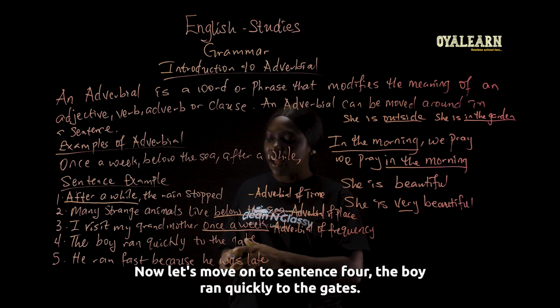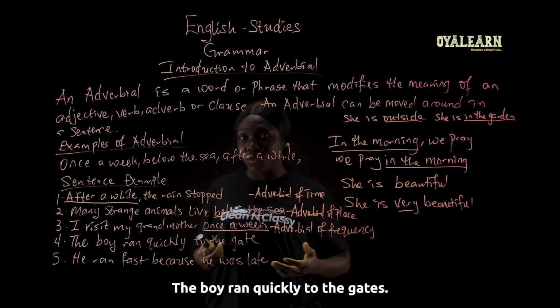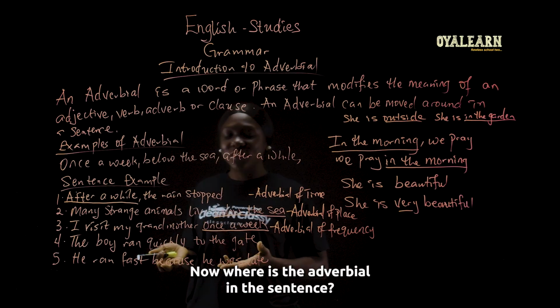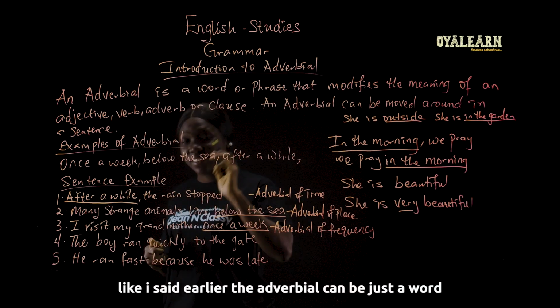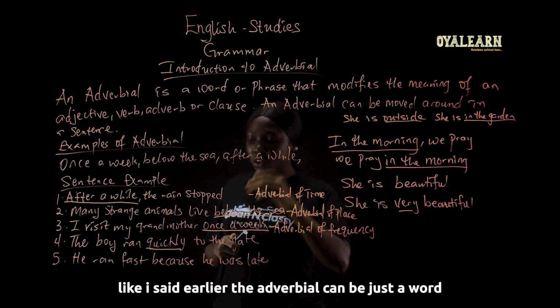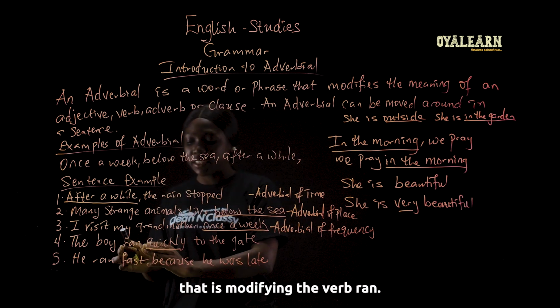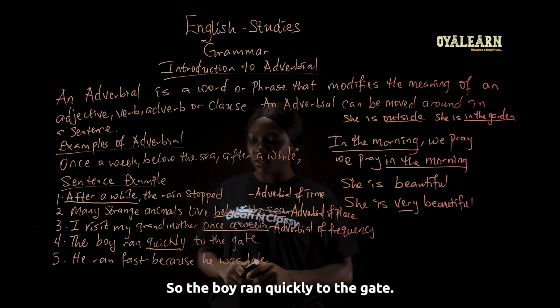Now let's move on to sentence 4. The boy ran quickly to the gate. Now, where is the adverbial in the sentence? Quickly. Like I said earlier, adverbial can be just a word that is modifying the verb ran. So the boy ran quickly to the gate.